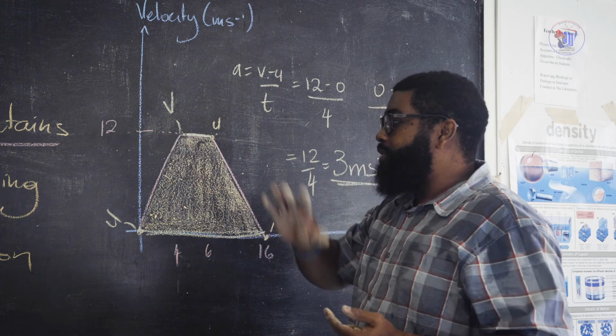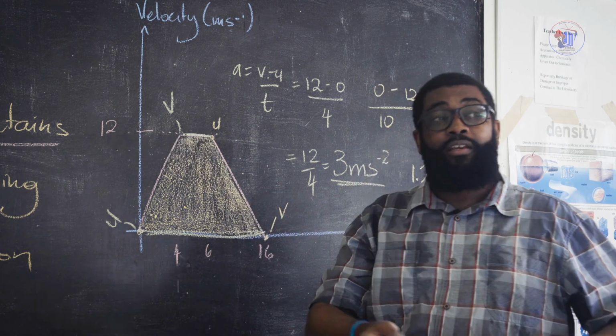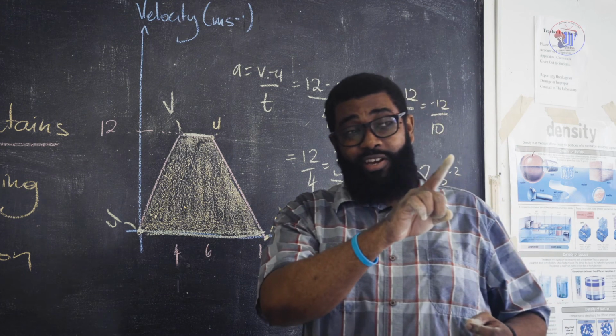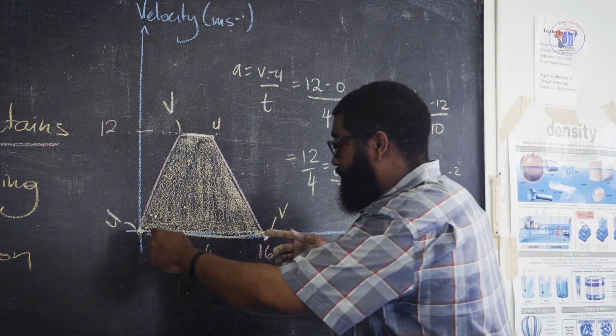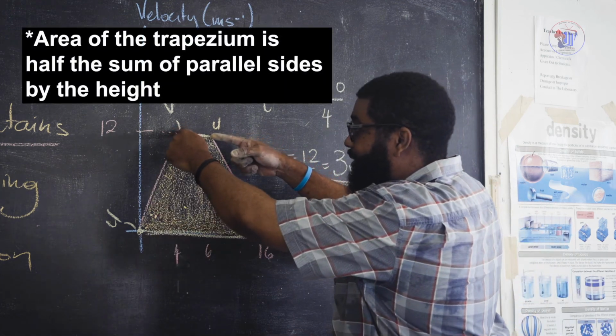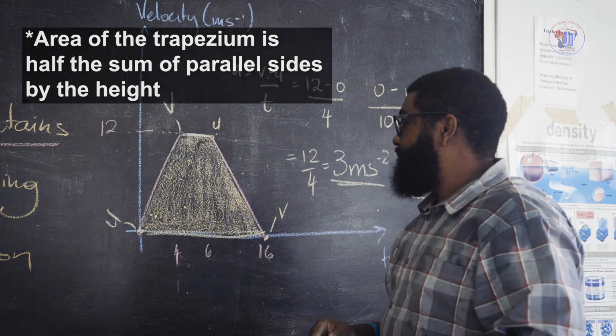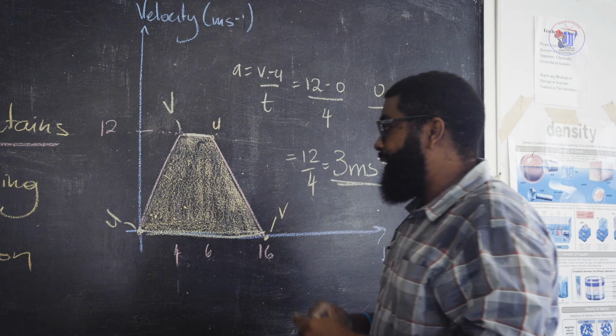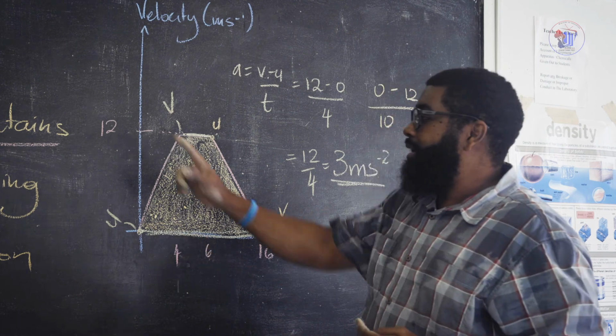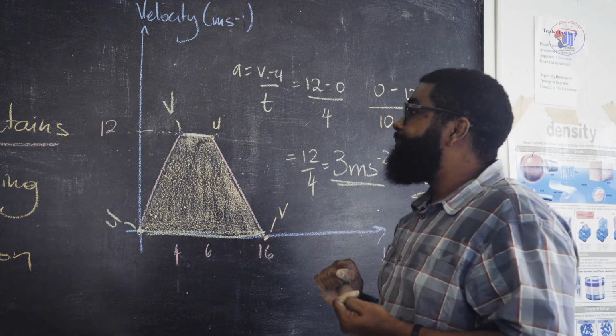And 9 by 12 is 108. Reason being, the formula is, you could write this down, half the sum of parallel side and parallel side multiplied by height. 16 and 2, 18 divided by 2, 9, 9 by 12, 108.